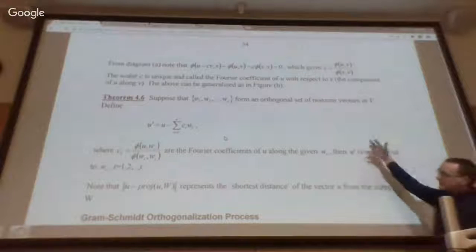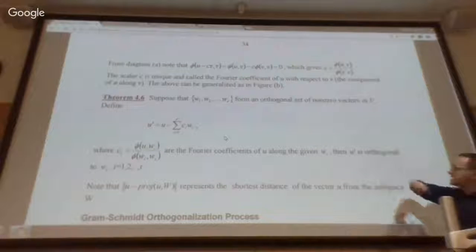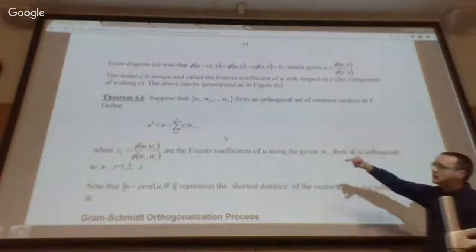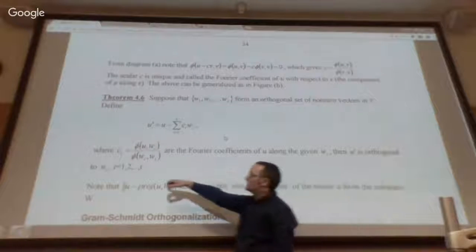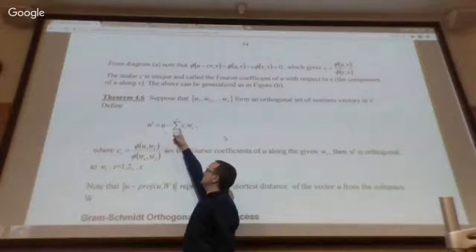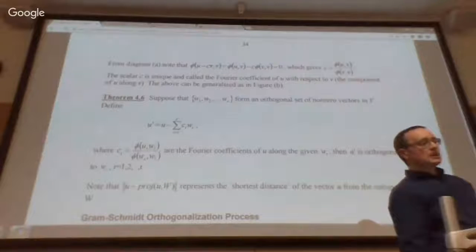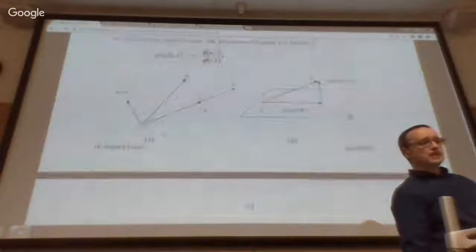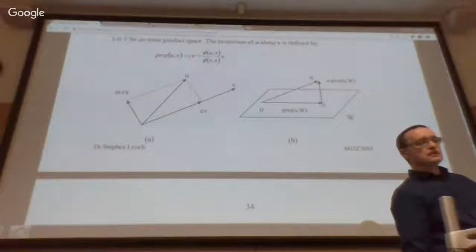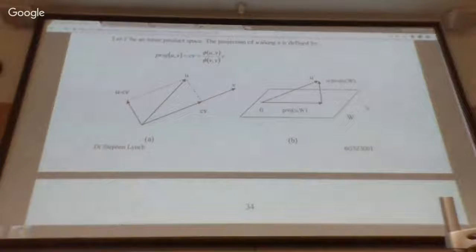So this is bundled up in the form of a theorem statement. The statement it's saying here is that u prime is orthogonal to every one of the little w's. u prime is the difference between u and this summation here. So if you go back to diagram B, u prime is this vertical looking vector coming out of the vector subspace W and pointing to the tip of u.